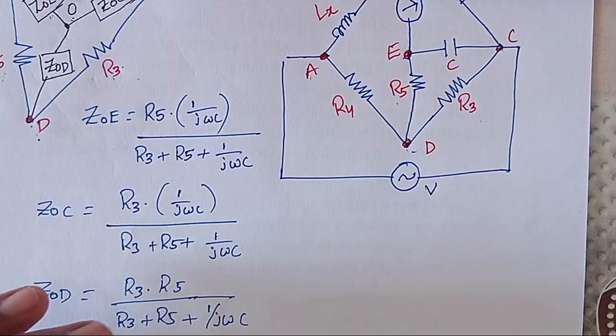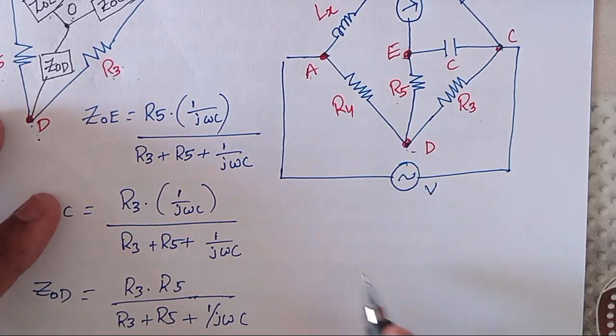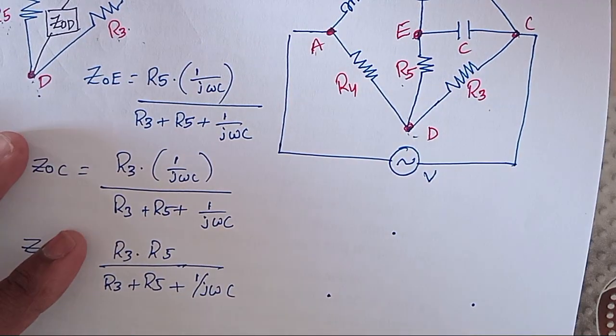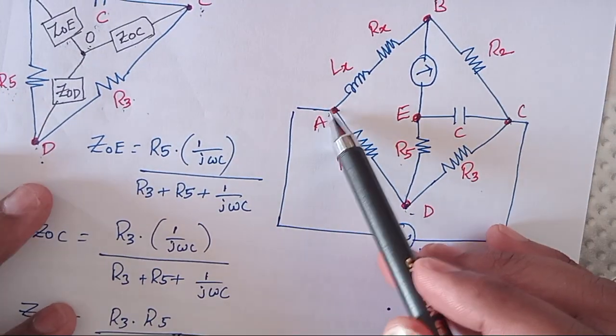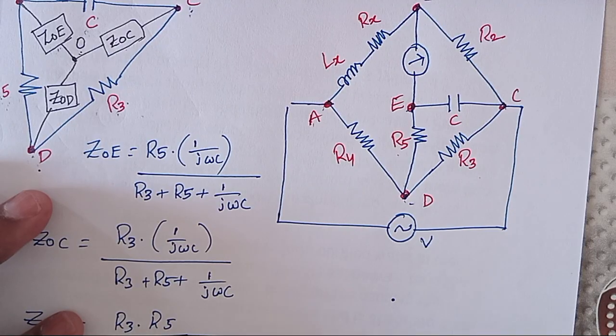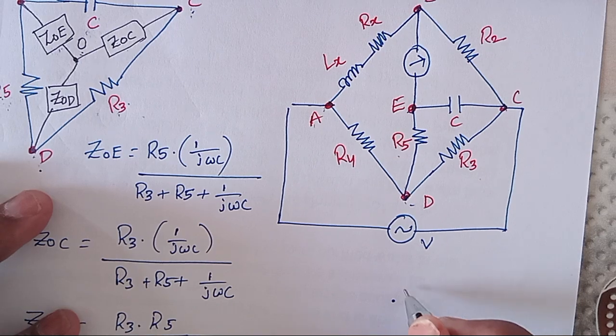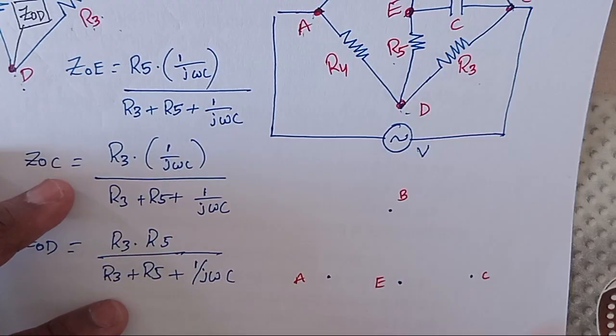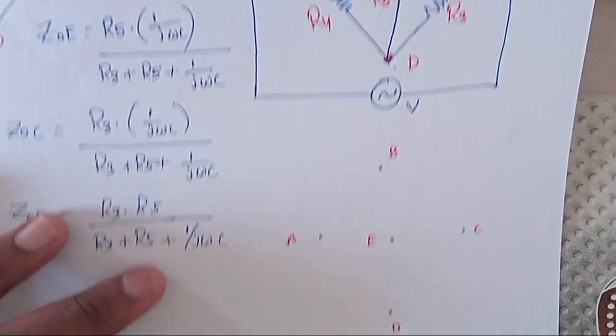Now look here, there are simply four terminals. Here the terminal names are A, B, C, D and E. These are the terminals.